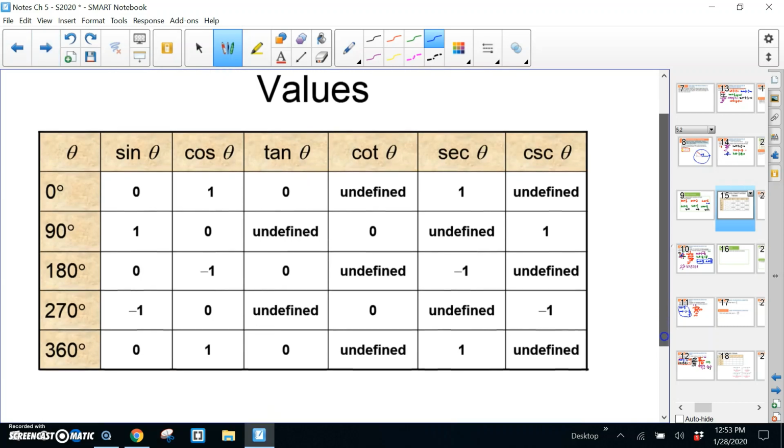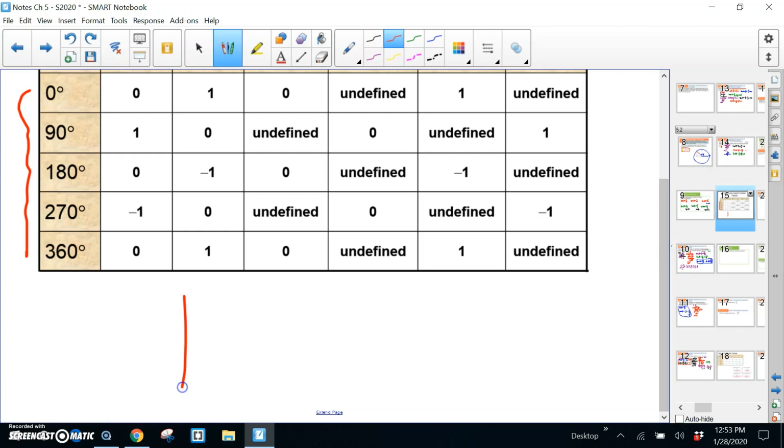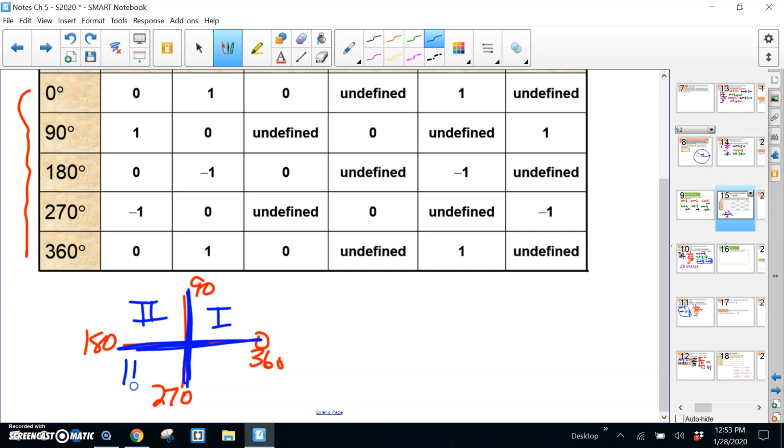This chart just kind of summarizes some of the common angles. These angles right here, 0, 90, 180, 270, and 360. Think about where those come from. I know we've talked about this before. These are the angles that form the quadrants. 1, 2, 3, 4.